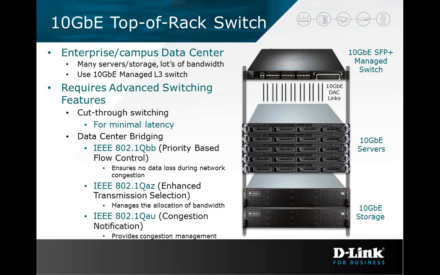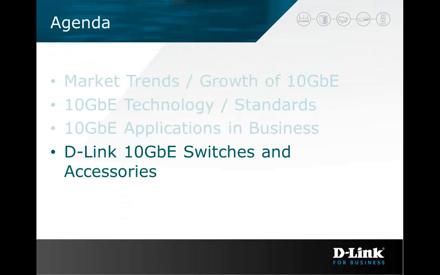Also having these data center bridging protocols that I'm mentioning here, IEEE 802.1 Qbb, Qaz, Qau. These are specialized data center bridging protocols that are for congestion management, for allocating bandwidth and making sure that there's no data loss during congestion. And again, a specialized top-of-rack switch like the one shown here supports those types of features.